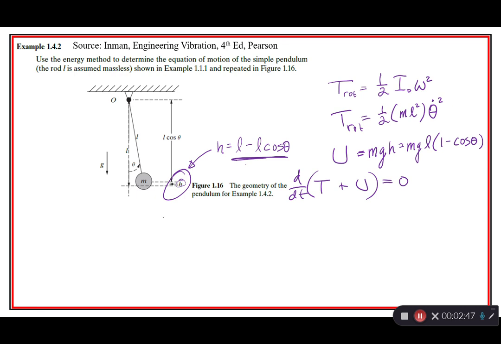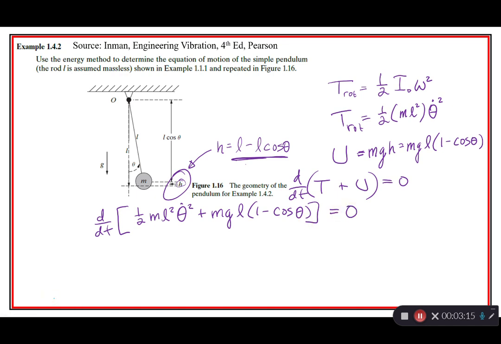So let's go ahead and write that over here, d/dt, and put that in as 1/2 m L squared theta dot squared plus m g L times 1 minus cosine theta equals 0.